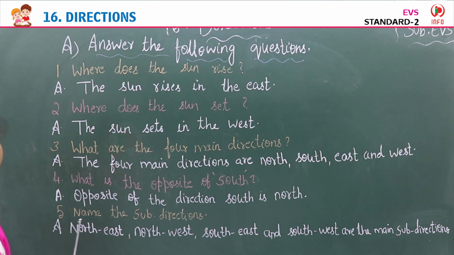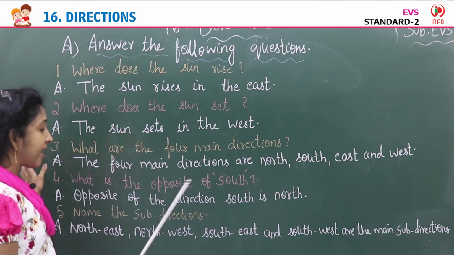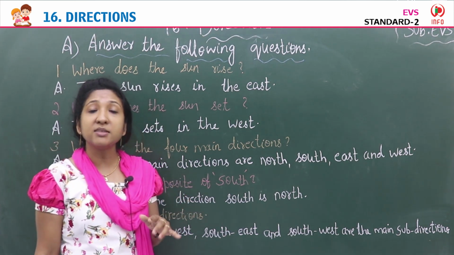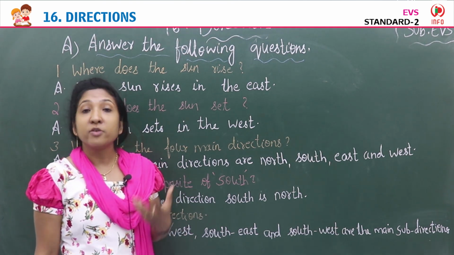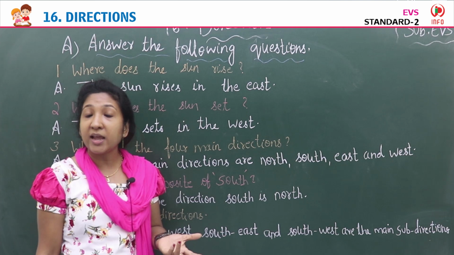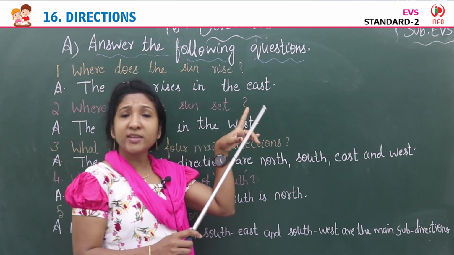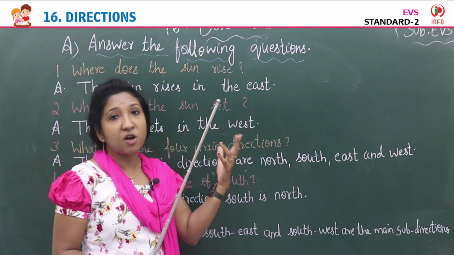Now, last question, the fifth question. Name the sub-directions. Yes, so we learned about four main directions and we learned about four sub-directions also. So which are the sub-directions, children? The halfway between north and east, northeast, north and west, northwest.